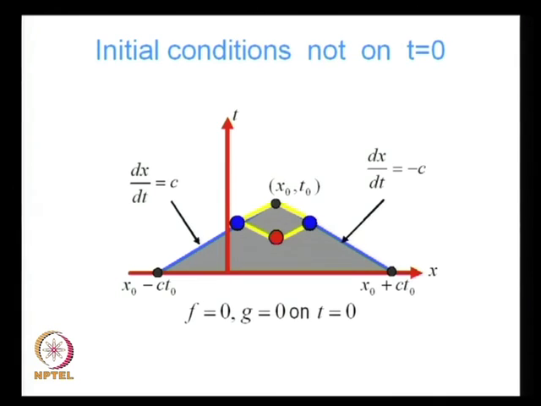So, the solution here depends on this region. The other way of looking at it is to look for the domain of influence. Suppose I have a disturbance at a certain point. What is the conceivable region in the space-time domain which the disturbance at that point can affect? That is the domain of influence of that point.